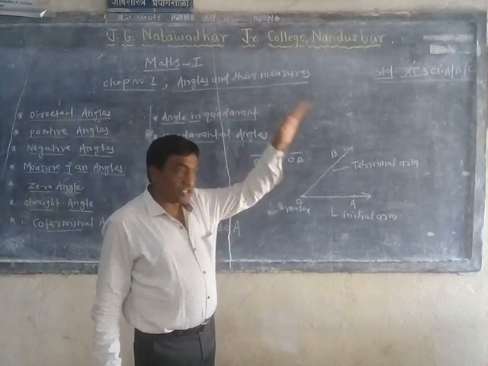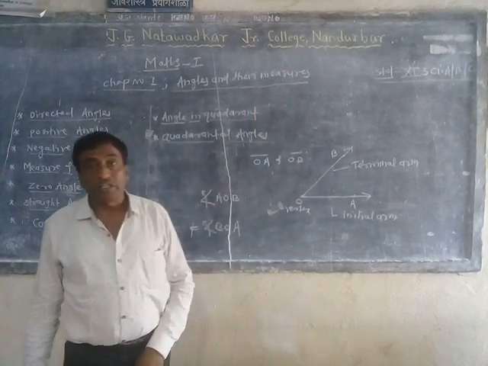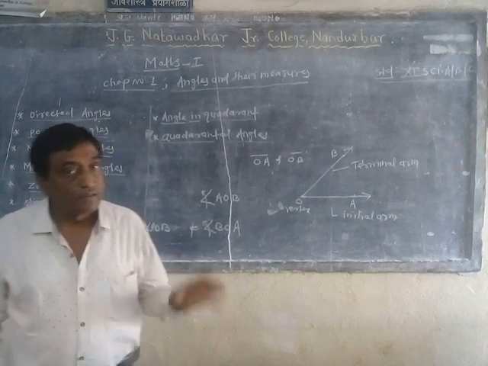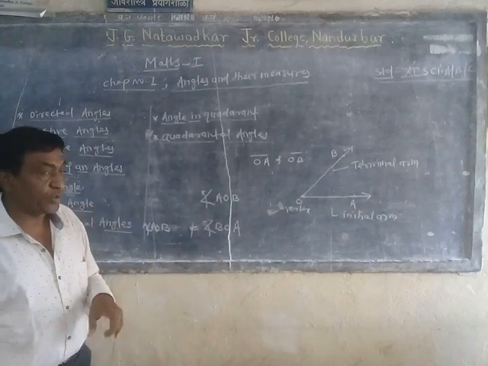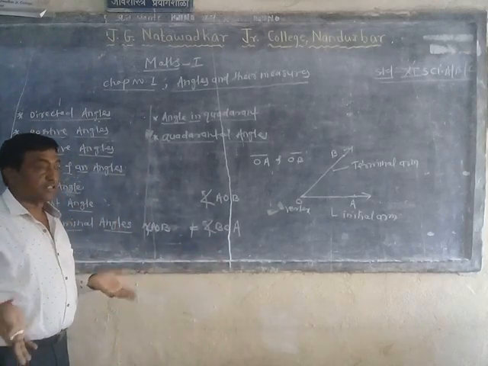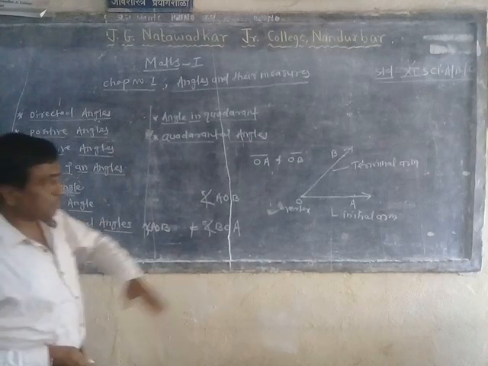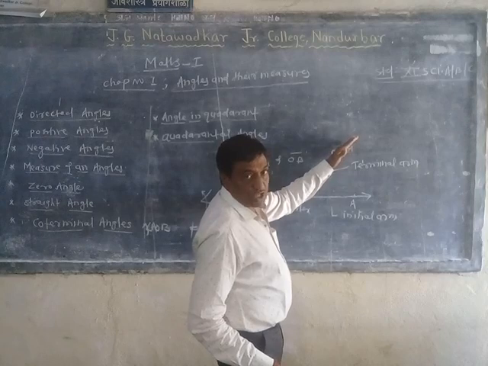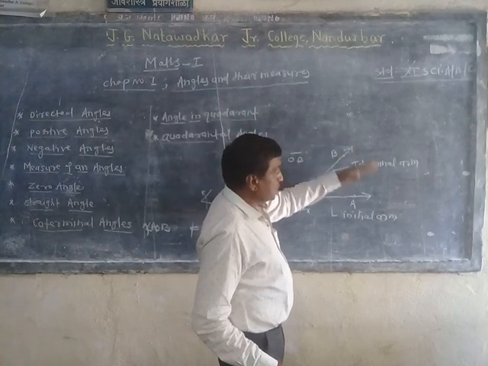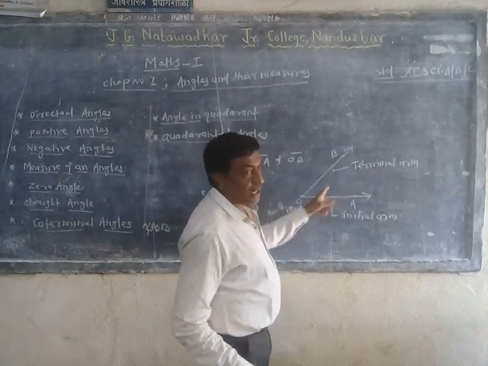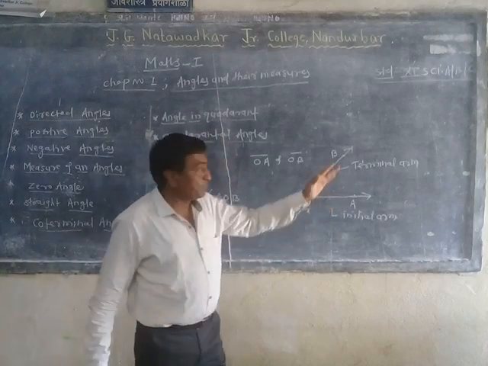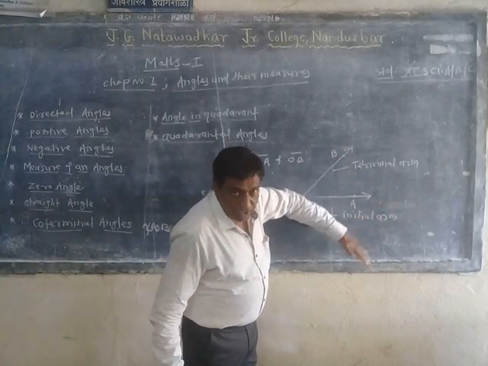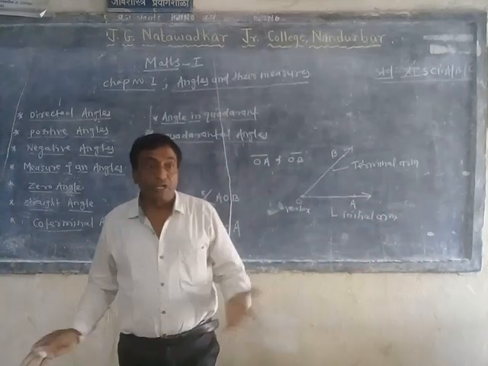If the rotation is clockwise, the angle is called a negative angle. So positive and negative angles are formed due to their rotations. See, I rotate this so that OA occupies the position of ray OB. This is anti-clockwise, so this angle is a positive angle. And if the rotation is clockwise, then this angle is a negative angle.